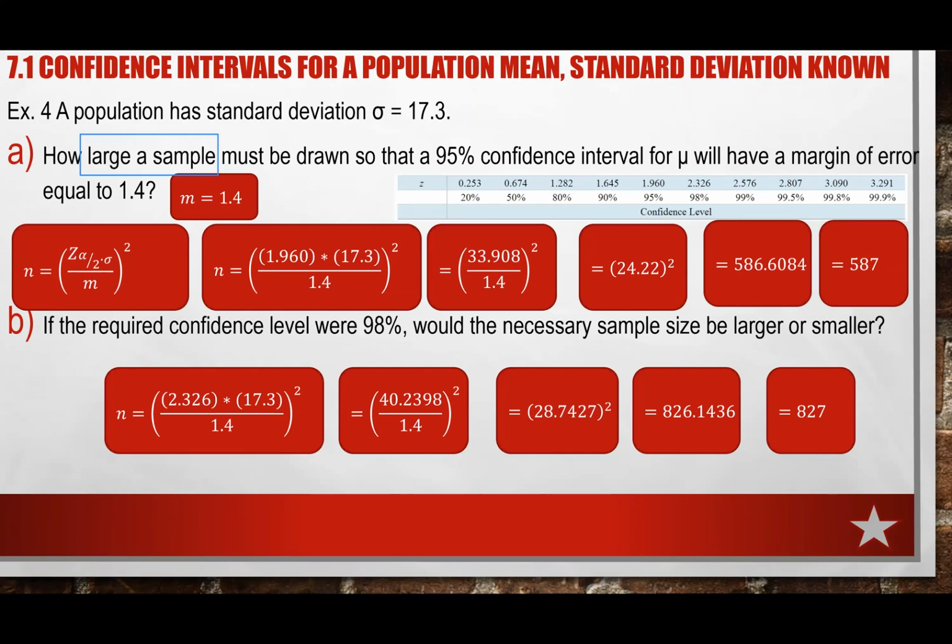Hopefully you see it's all plugging into your formula. The good thing about statistics is that everything they ask you has a formula. The bad thing about statistics is that everything they ask you has a formula. You have to know which formula to use. So the question is whether it is A or B, how to find the sample size.